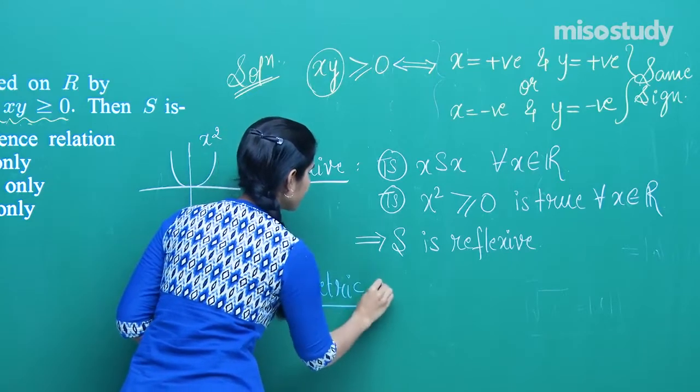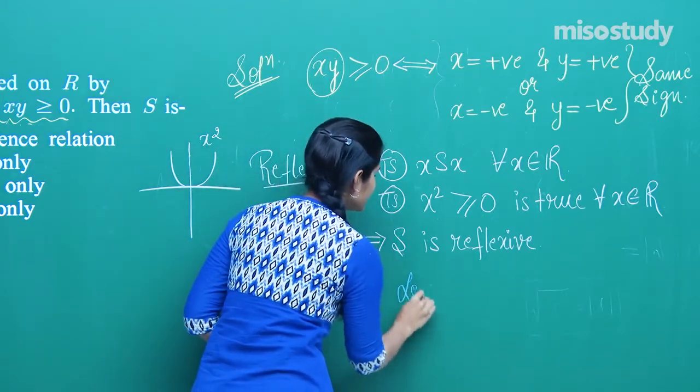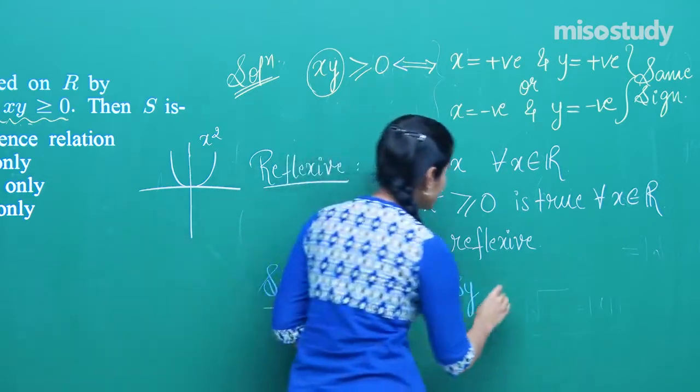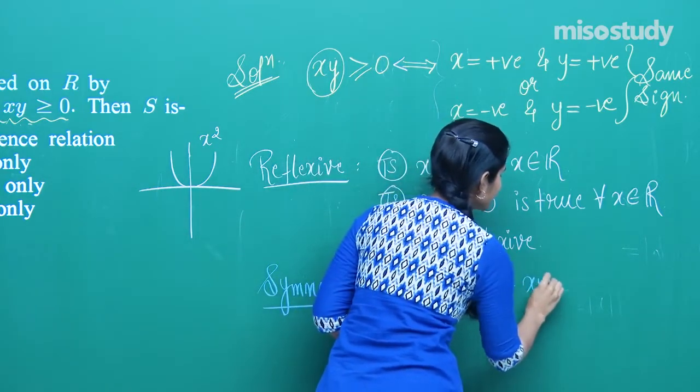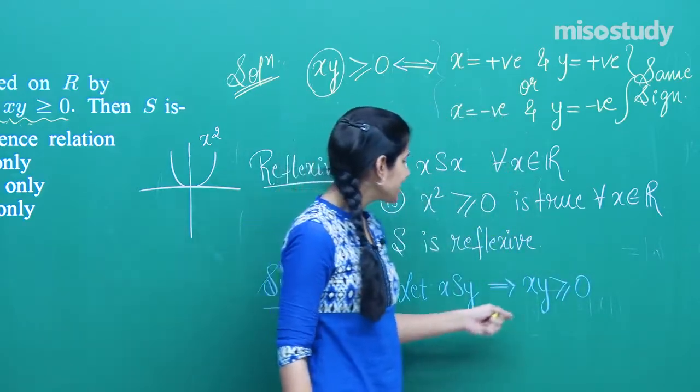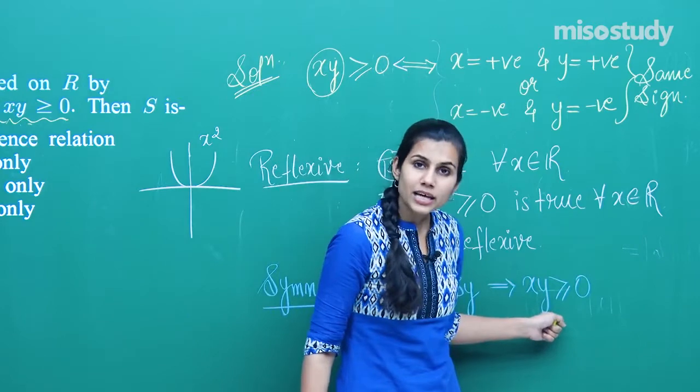If I talk about symmetricity, I will say let x be related to y under the relation S, which means let x into y be non-negative. This means x and y have the same sign.